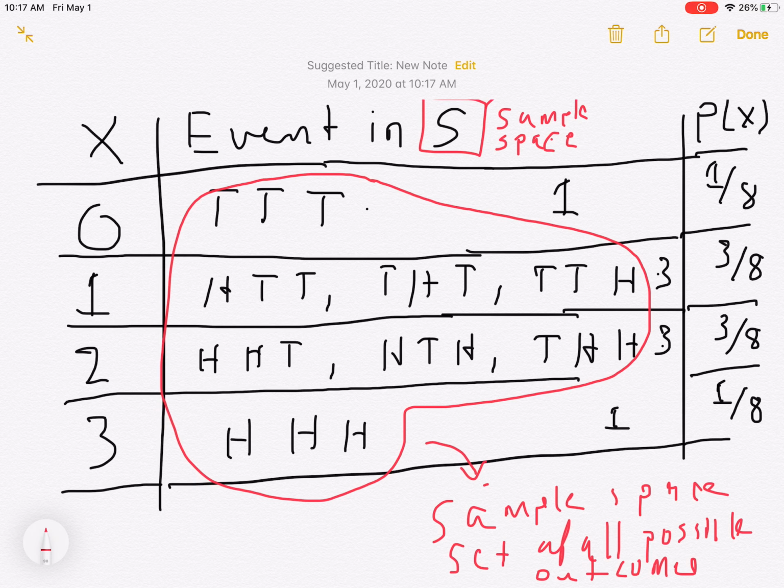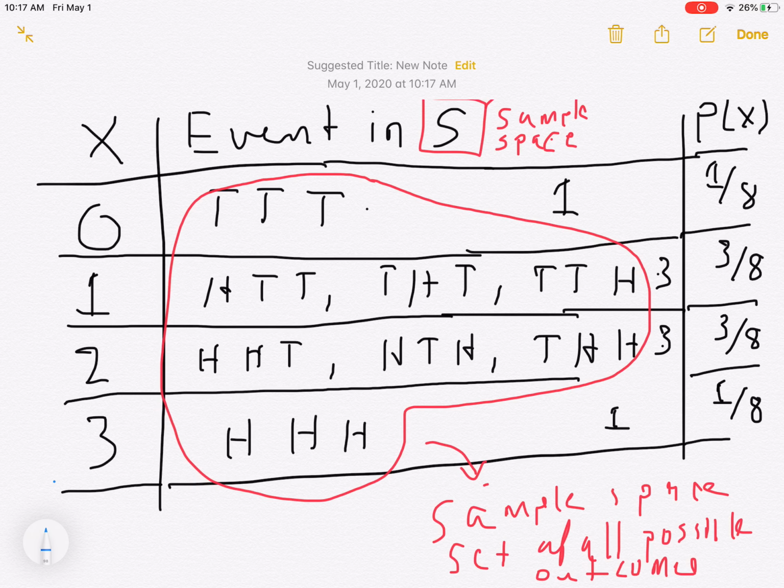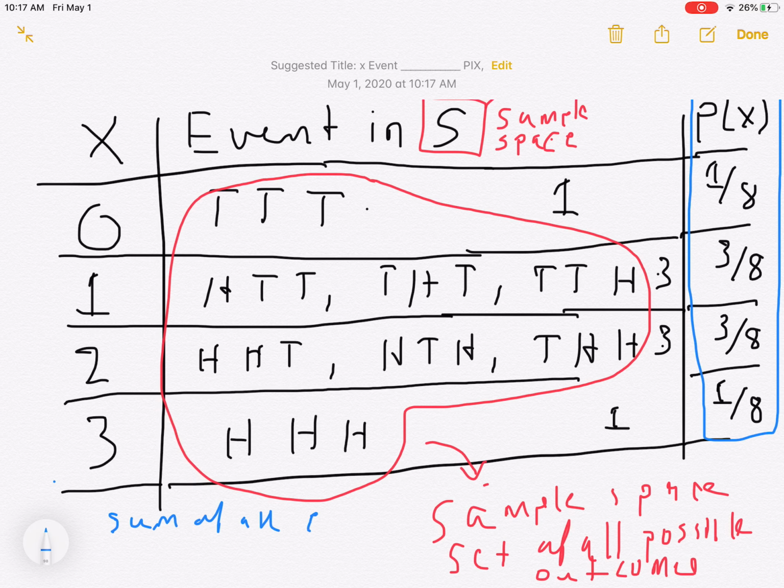Okay. Now, the other thing that I'd like to notice here, and this goes back to the axioms of probability, is that notice this probability right here, the sum of all probability, that's 1, and P of X is always greater than 0.